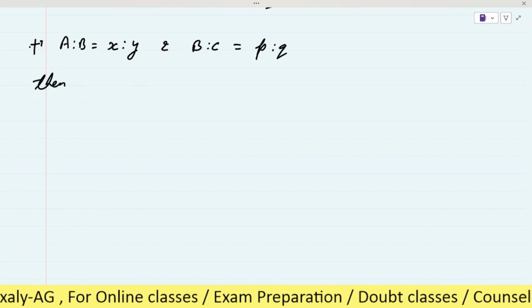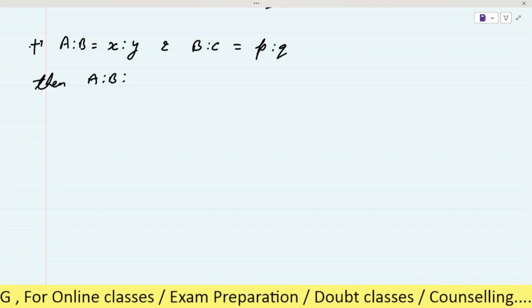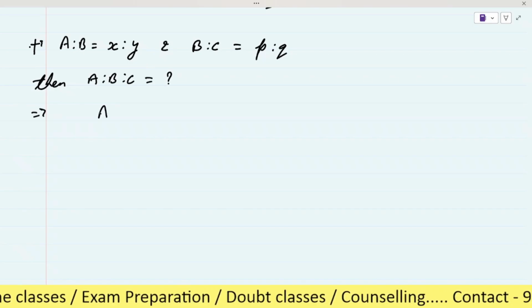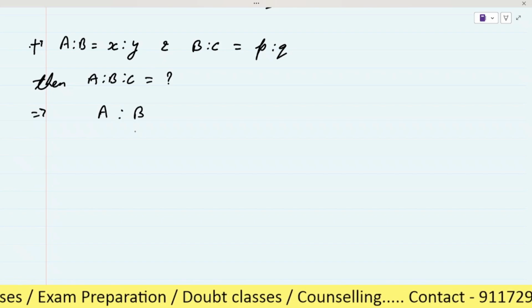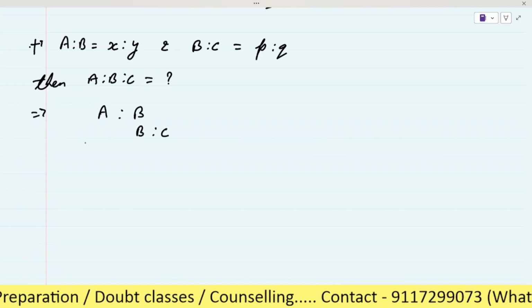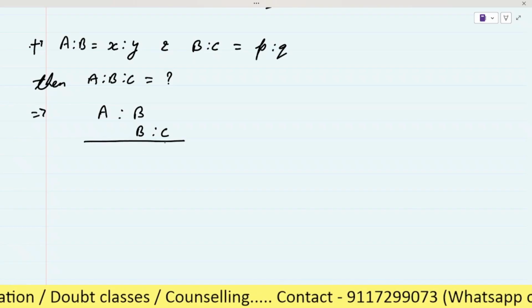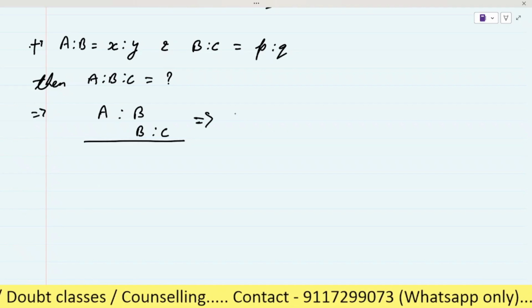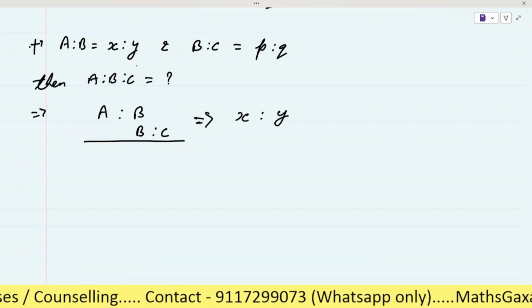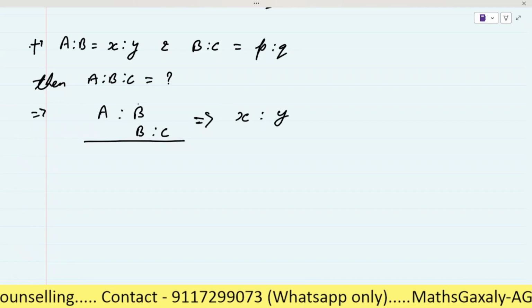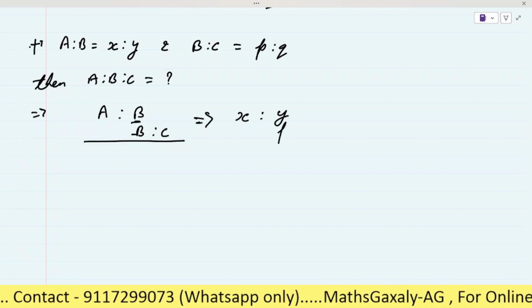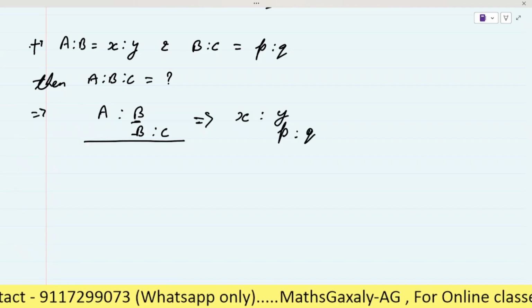Then if it asks for a is to b is to c, the trick is, let's see here, a is to b, here we will write, and then we will write b is to c like this. So here we will put the value x is to y, and below it, as b is repeating in both, right? So its value we will write here, below it will be p is to q.